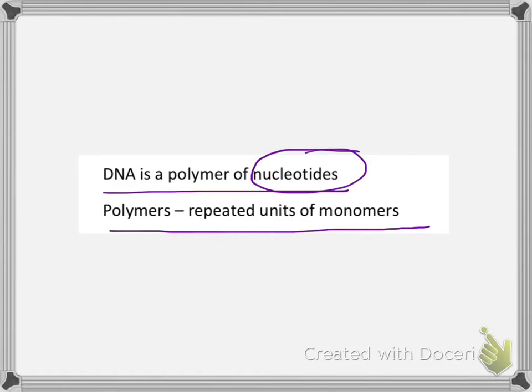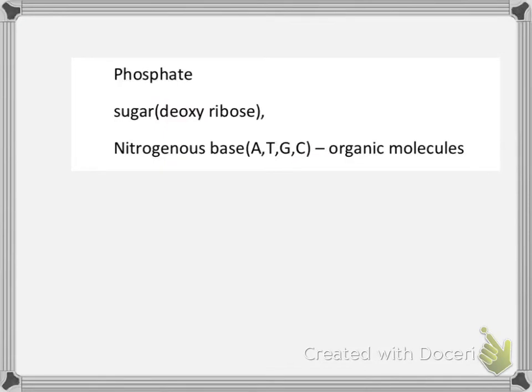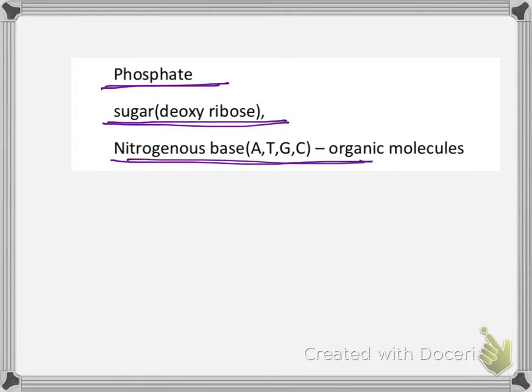Then what is meant by a nucleotide? A nucleotide consists of three components: a phosphate group, a sugar group and a nitrogenous base.